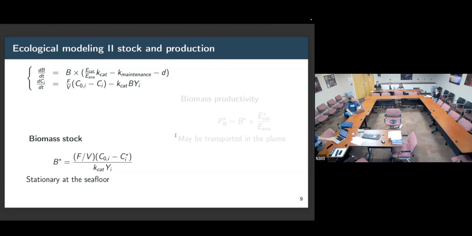But what would end up in the plume is rather what we call productivity. So it's a flux quantity. Here, well, we miss k-cat. That should be k-cat. So basically the productivity in terms of biomass in general is the rate of synthesis of biomass at steady state, and it should be equal to the rate of mortality.